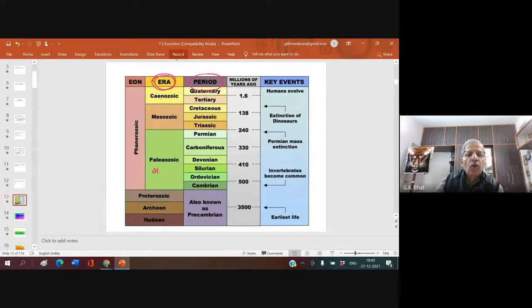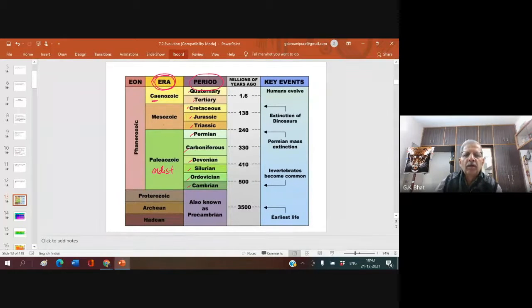The Paleozoic era is the oldest era, followed by the Mesozoic era, which is followed by the Cenozoic era, the latest. The Paleozoic era is divided into the Cambrian, Ordovician, Silurian, Devonian, Carboniferous, and Permian periods. The Mesozoic era is divided into Triassic, Jurassic, and Cretaceous. The Cenozoic era is divided into Tertiary and Quaternary.